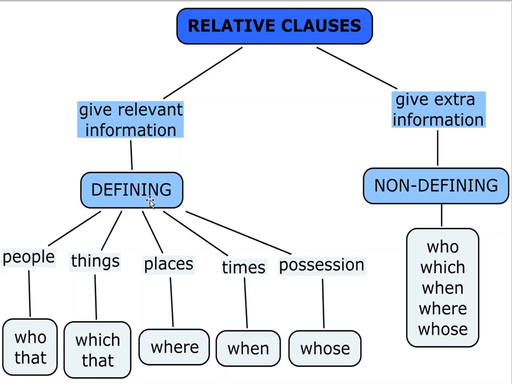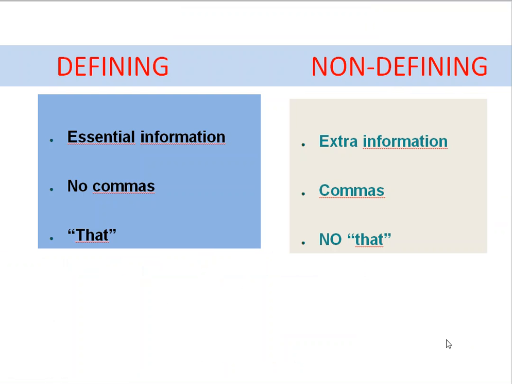In defining, we use who or that with people, which or that with things, where with places, when with times, whose with possession. Non-defining uses who, which, when, where, whose. As we see, there is no that with non-defining relative clauses.